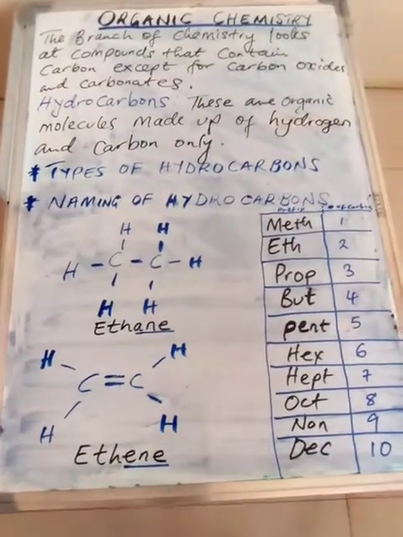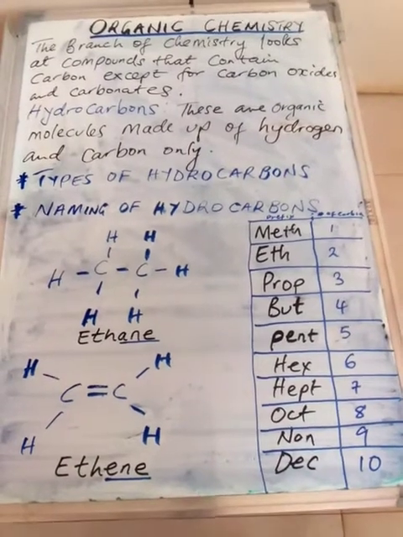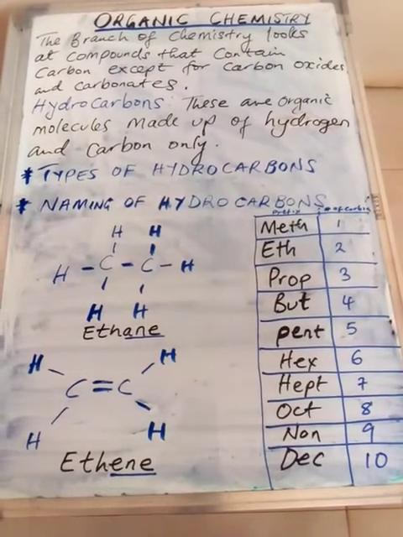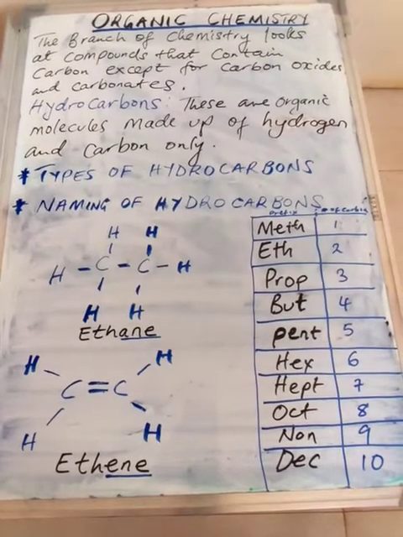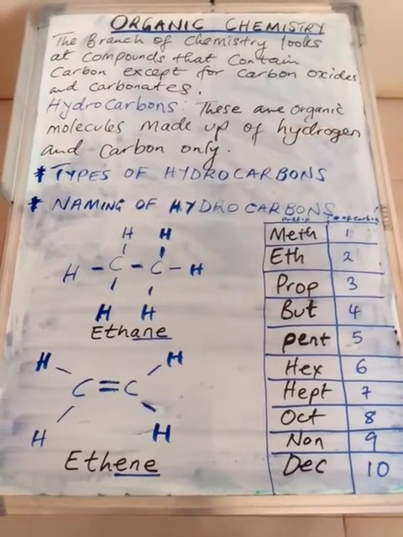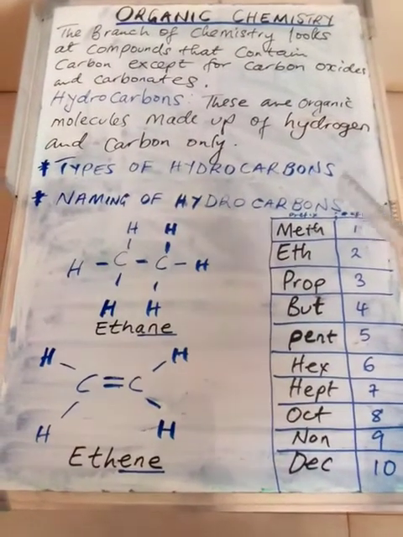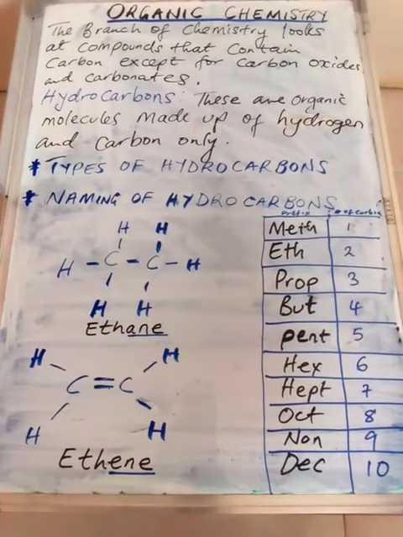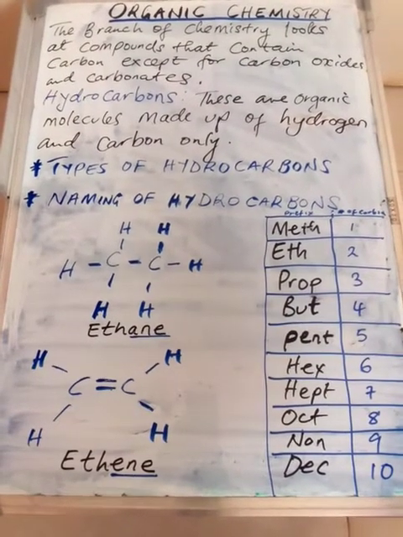Now, when it comes to the naming of hydrocarbons, you need to know that the name of a particular hydrocarbon is going to be determined depending on the number of carbons that particular hydrocarbon contains. So we have this table that I've drawn here. We have the prefix that we use for each particular hydrocarbon depending on the number of carbons they contain.